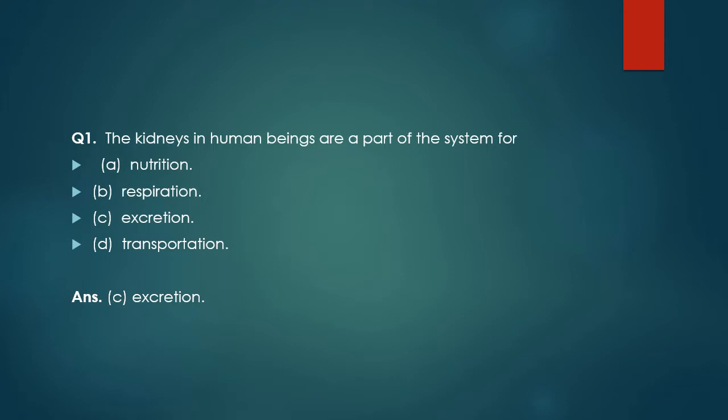What is transportation? It means the circulatory system, the blood circulatory system in humans. If it's a plant, then it is translocation. Right? Hopefully we already know all these terms. So let's move on to the next.